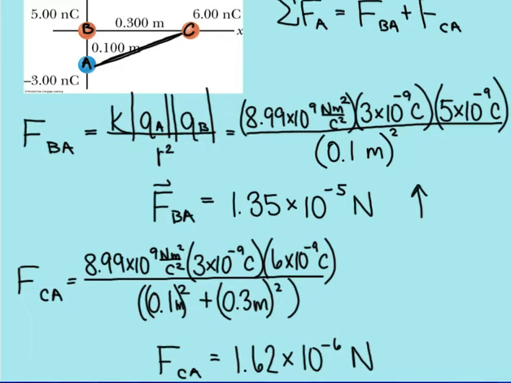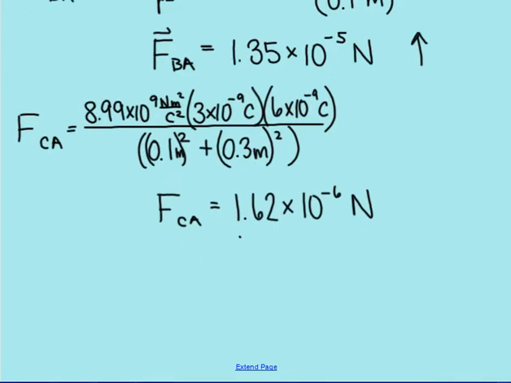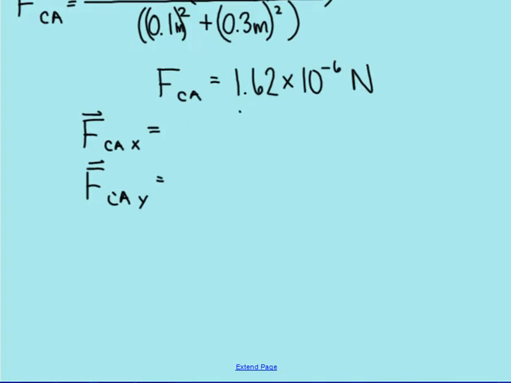So when we have something like this, where the force is at an angle, we need to find x and y components. So we're going to look for FCA in the x direction and FCA in the y direction. This is going back to our knowledge of vectors. It's been a while since we've done that.